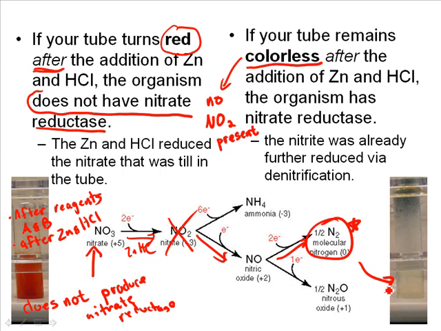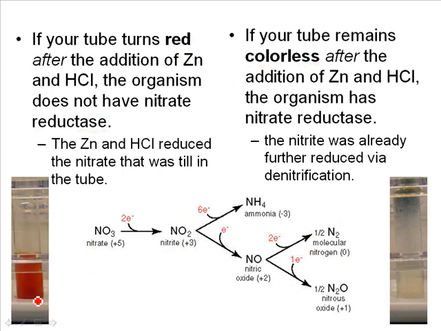All right, does that make some sense? Let me go through it just one more time. We add zinc and HCl. Remember, zinc and HCl work on this step right here. If nitrate is present in your tube and you add zinc and HCl, that nitrate is going to get converted to nitrite.